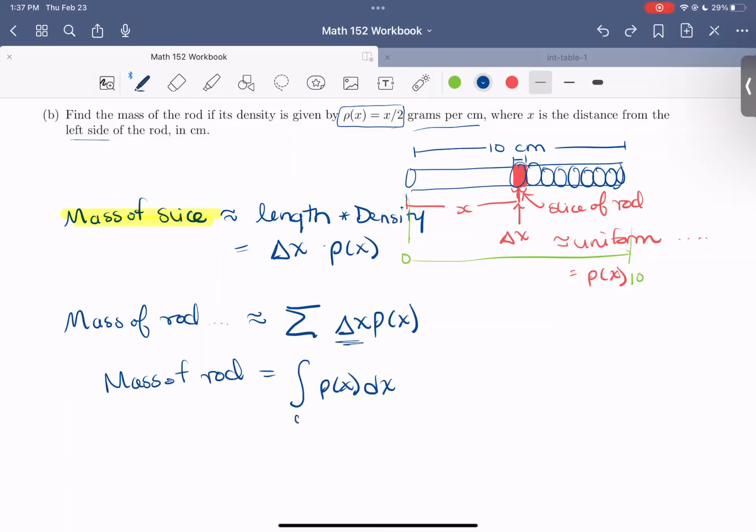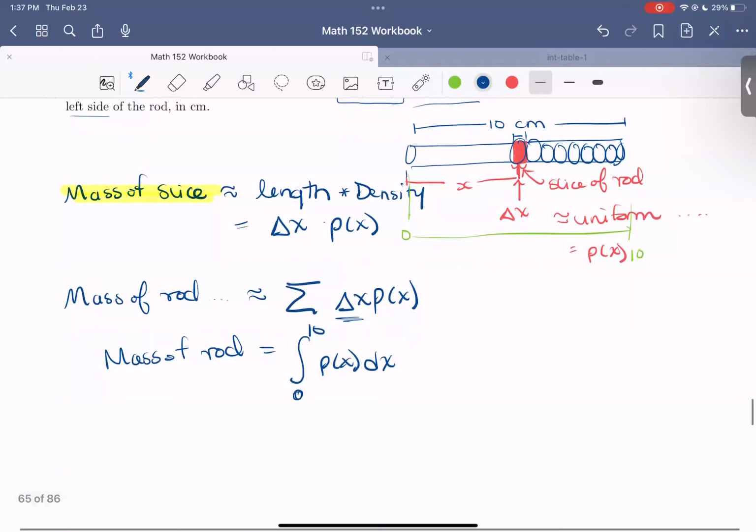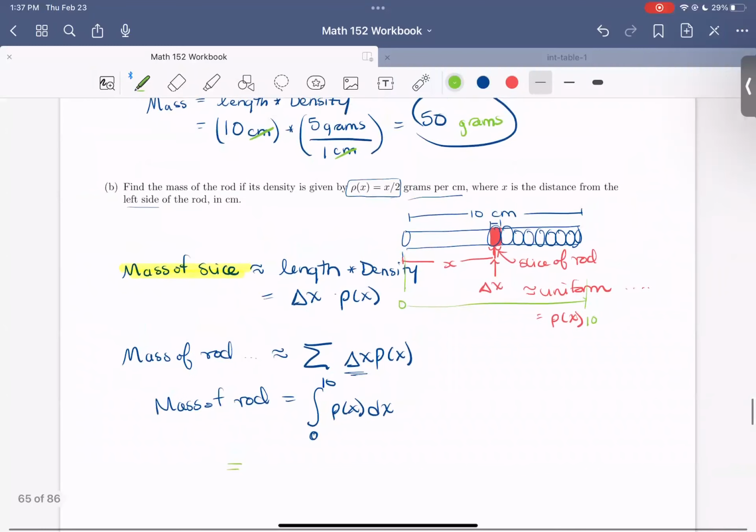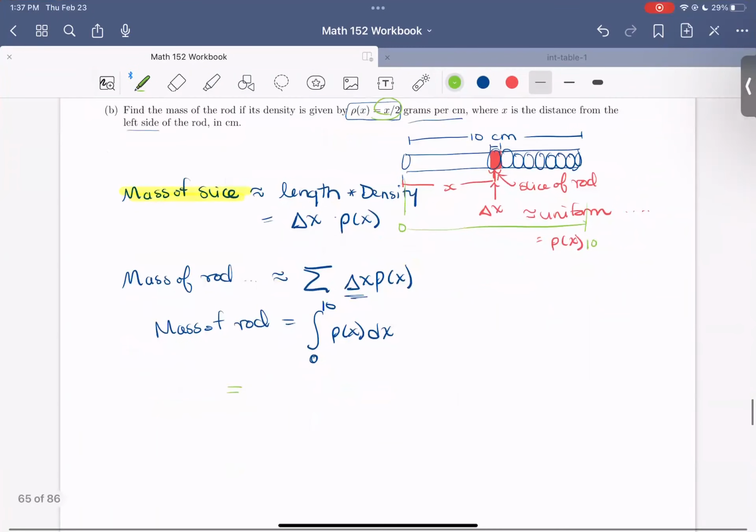And we want that x, that length from the left side, to go from 0 to 10. So what does that look like in our case? Well, rho of x for us, I'll change color here so we can see exactly what it looks like, rho of x is x over 2. So we're going to have the integral from 0 to 10 of x over 2 dx.